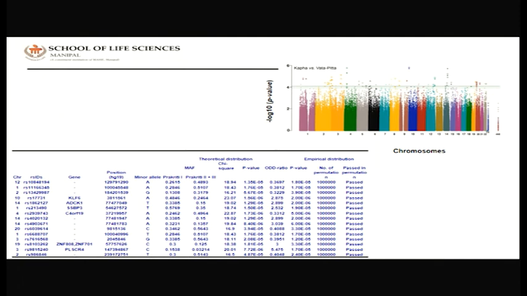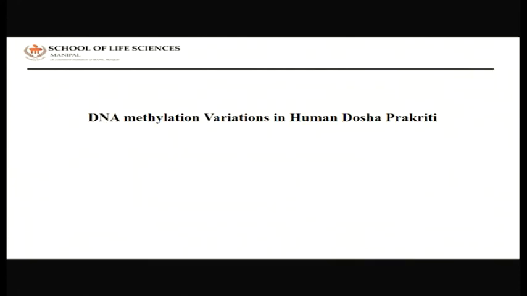And this one is for Kapha individuals, again showing very significant SNPs which are present in the Kapha individuals as opposed to Vata and Pitta individuals, and the list of about 14 SNPs that have been identified is also delineated and shown here. I know that you may not be able to see it, but this paper has already been published in Scientific Reports and it is freely available to read for anybody who may be interested in it.